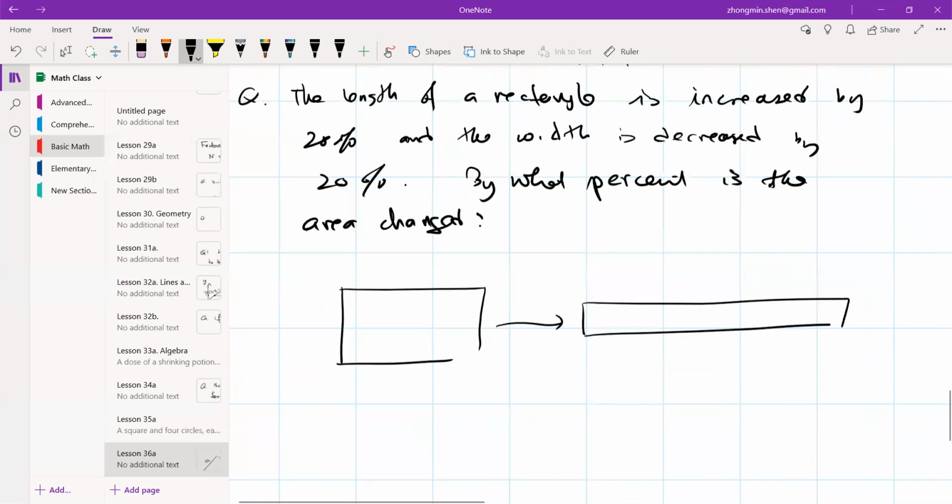I will say, by what percent is the area changing? And you have to tell me whether it's increasing or decreasing. Jasper? I think it decreased by 4%. You said decrease by 4%. Vincia said decrease. Tobias, everybody said decreasing.